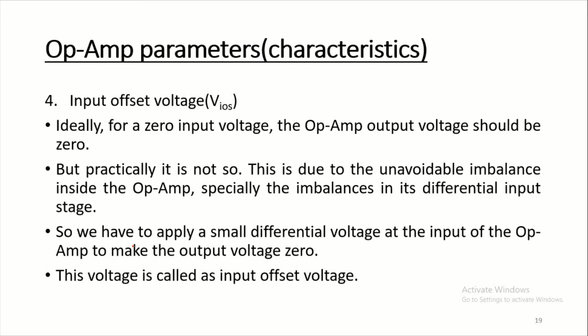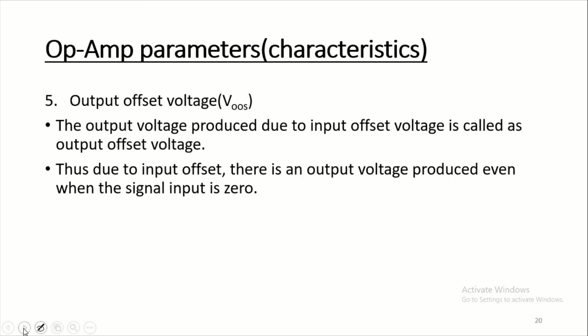The input offset voltage is denoted by VIOS. The input offset voltage is normally in the few millivolt range. The value of input offset voltage is temperature dependent, and ideally VIOS should be equal to 0, but practically it is not 0. Fifth is output offset voltage.